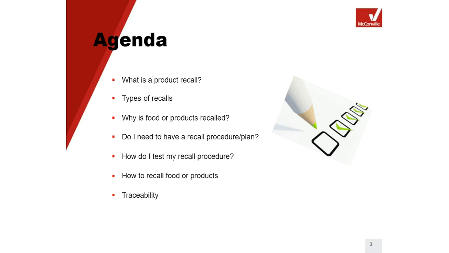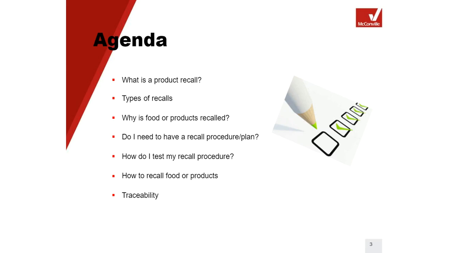Your food recall is either going to be at a trade level or a consumer level, and I'll talk about that on the next slide. An example of a food recall could be where we have an unknown allergen in a product and we haven't identified this on the label. That product would then need to be recalled.